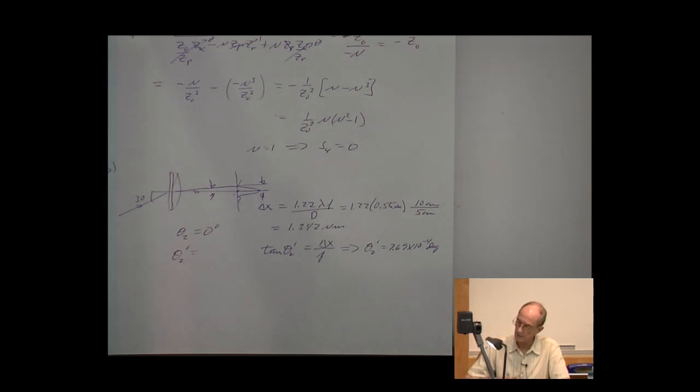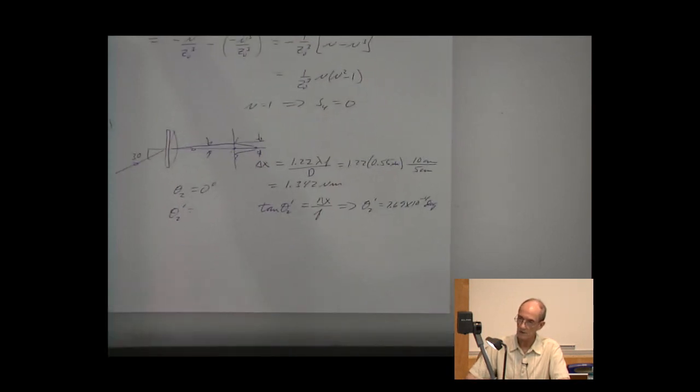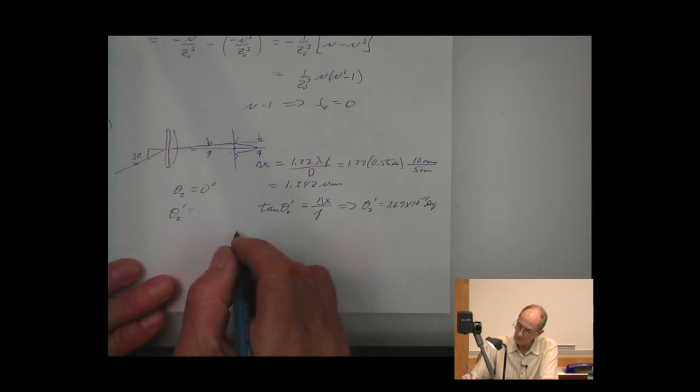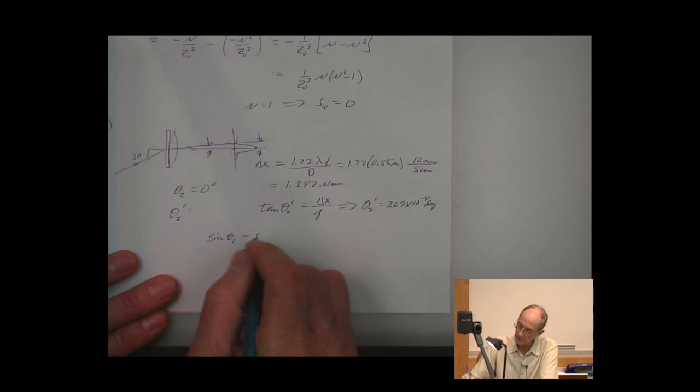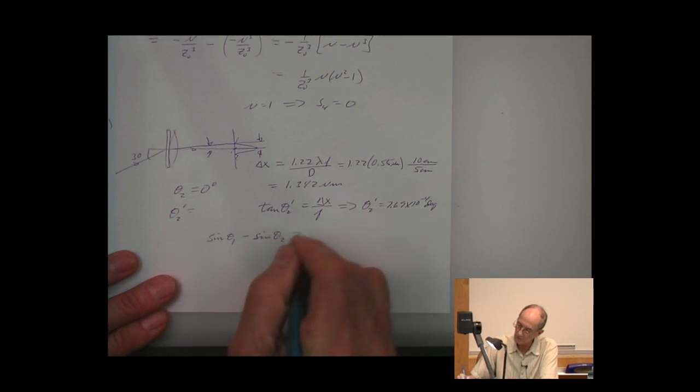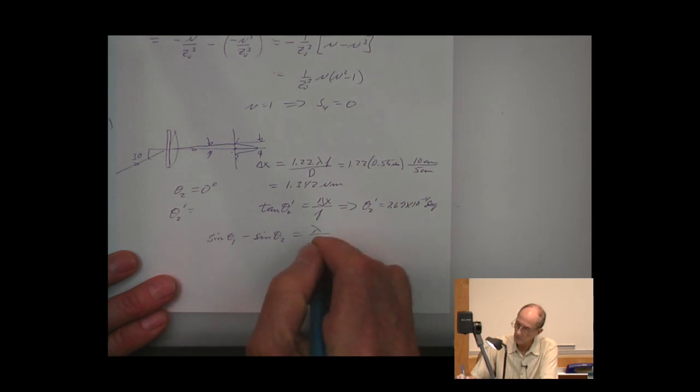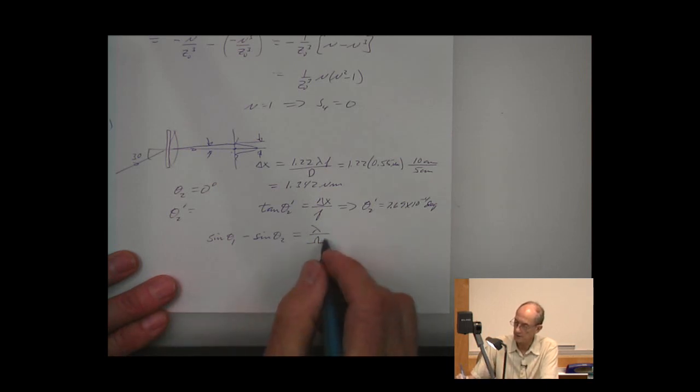So now we have to figure out what wavelength difference this small angle corresponds to, and for that we can use the grating equation. First off, we have sine theta 1 minus sine theta 2 equal to lambda over the period. So we need to find the period.